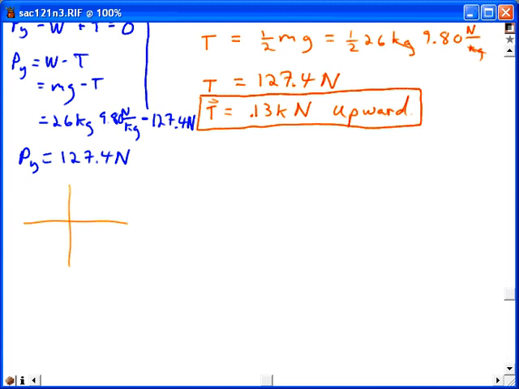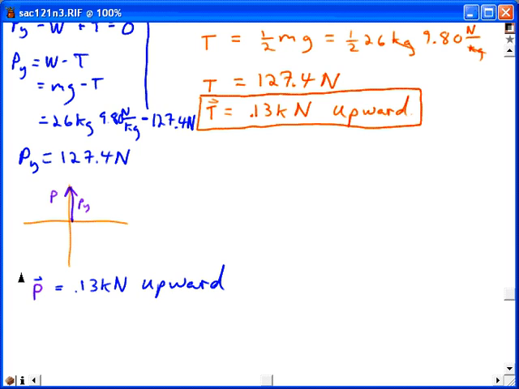I add Px and Py to get P, but because there is no Px on this diagram, I indicate a zero-length vector to the right, or didn't indicate anything at all, but P and Py are identical, so the vector P is equal to 1.3 kilonewtons upward.